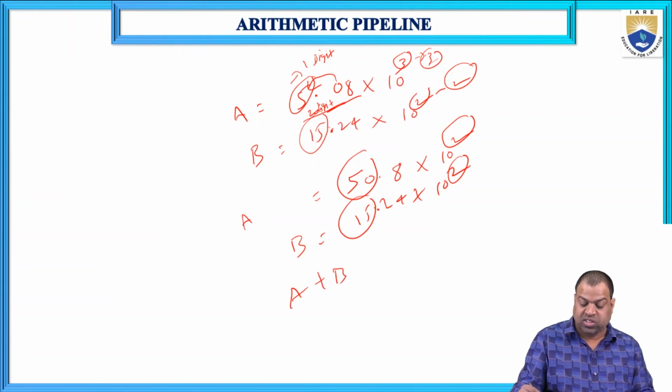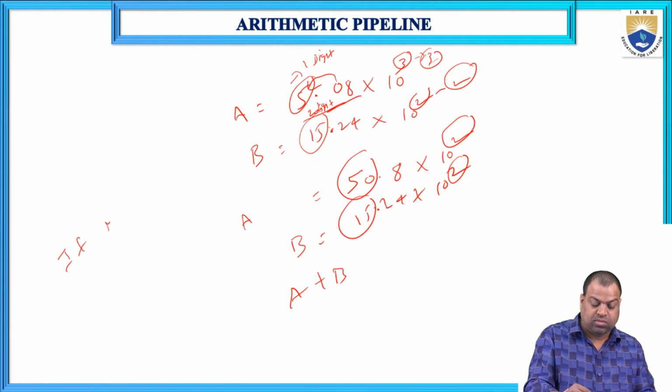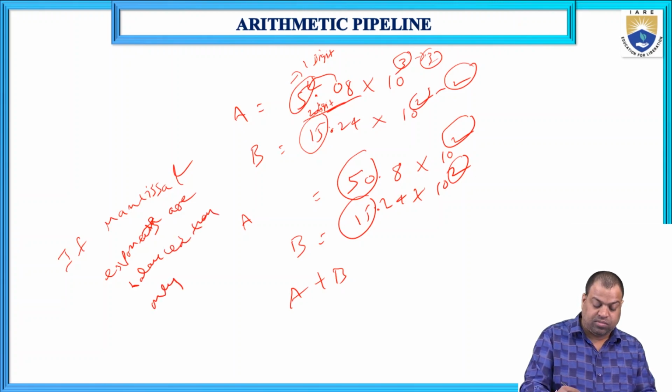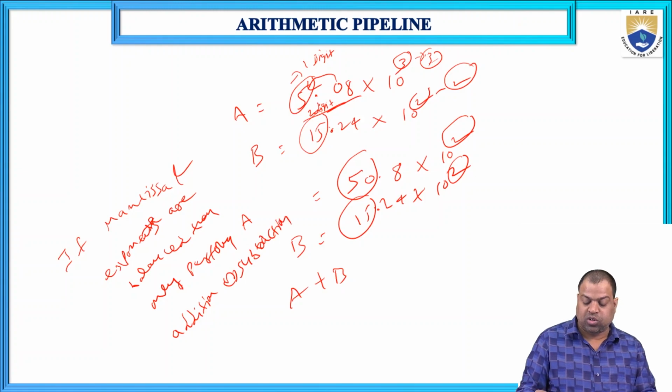If mantissa and exponents are balanced, then only perform addition or subtraction. Otherwise, we can't perform.